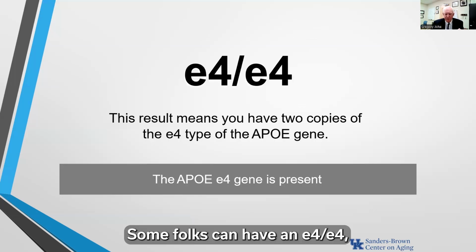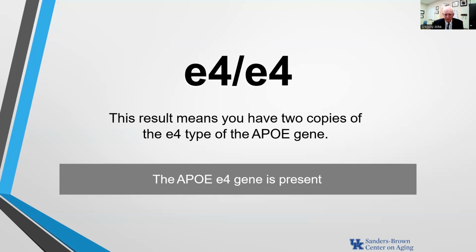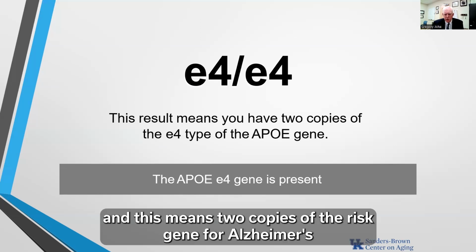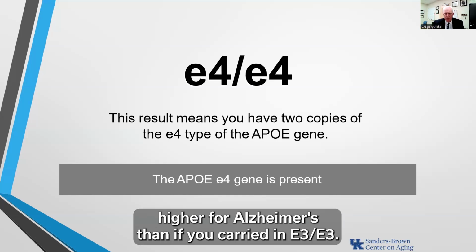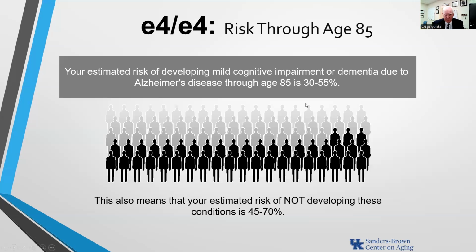Some folks can have an E4, E4, and this means 2 copies of the risk gene for Alzheimer's and an overall risk that's probably 10 times higher for Alzheimer's than if you carried an E3, E3.